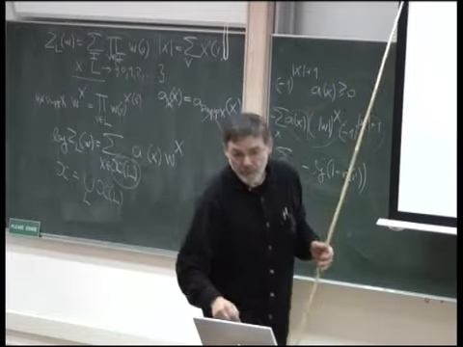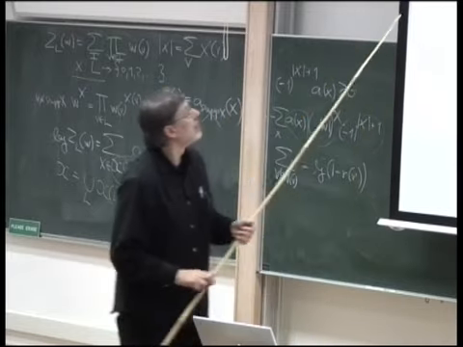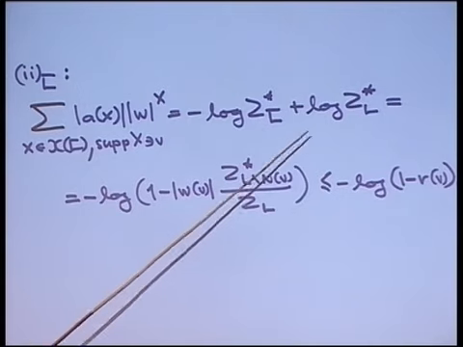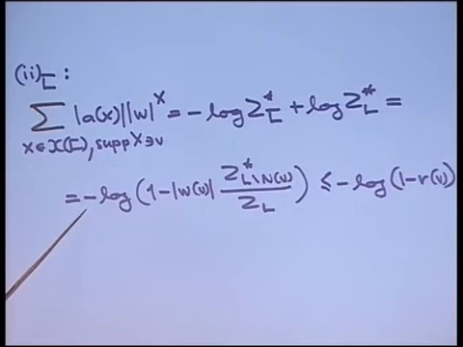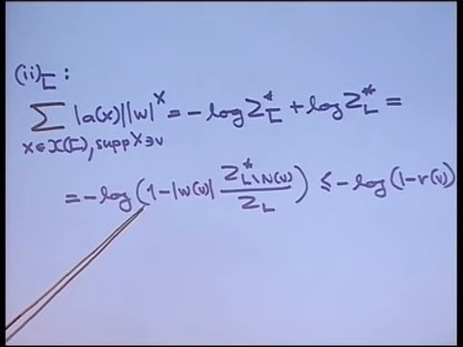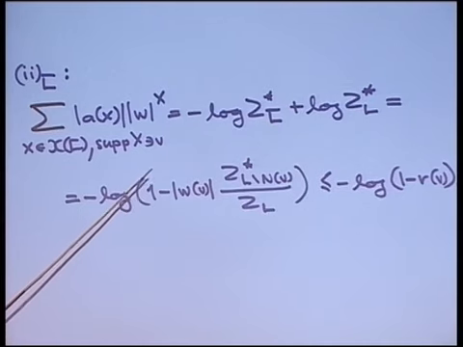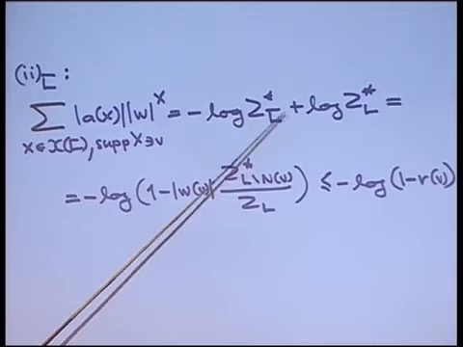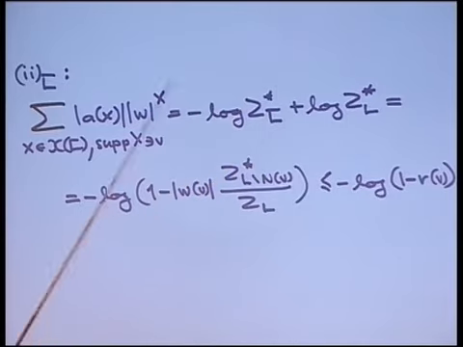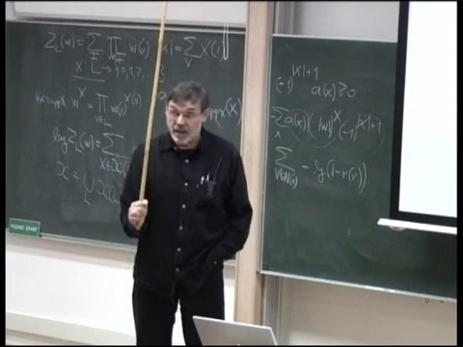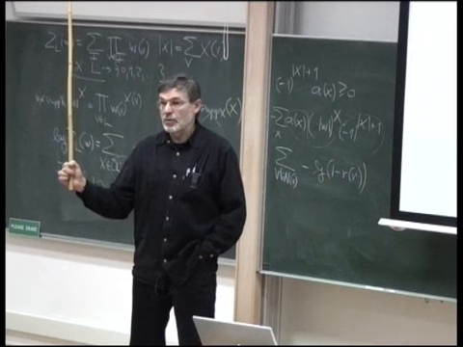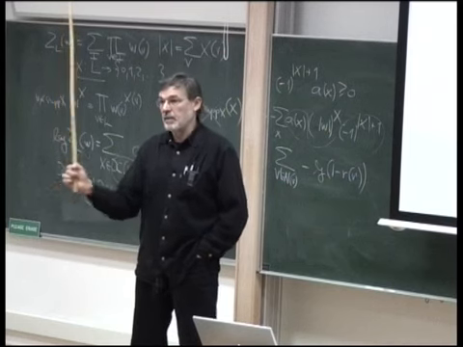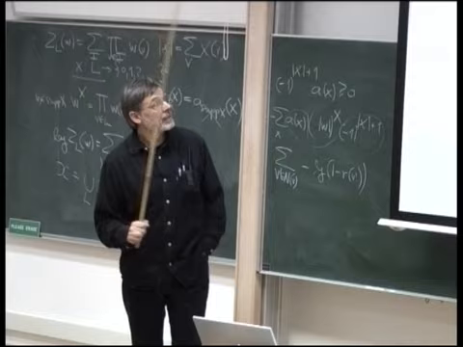Okay? And now I again take out ZL of this, and I have minus logarithm 1 minus, and I write again this ZL bar star, I write as ZL star times 1 minus W times ZL minus NV divided by ZL. Yes?